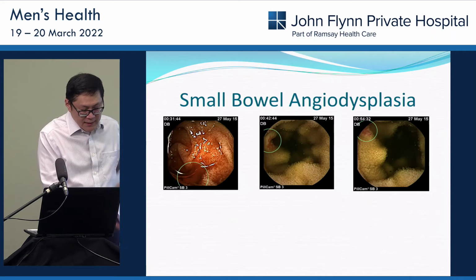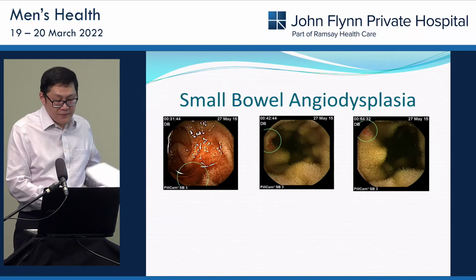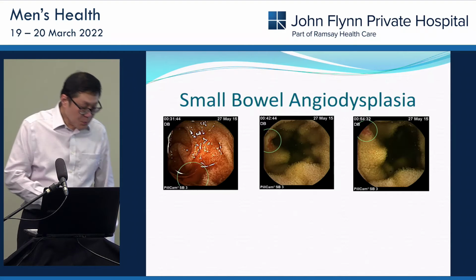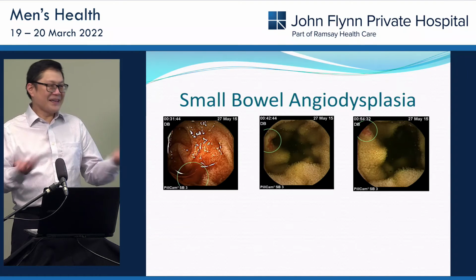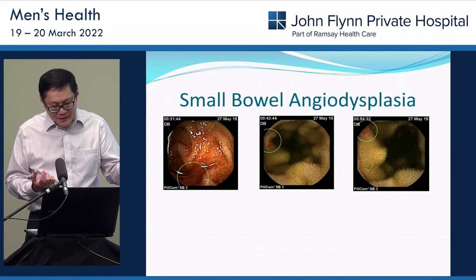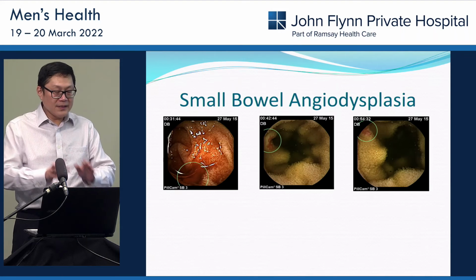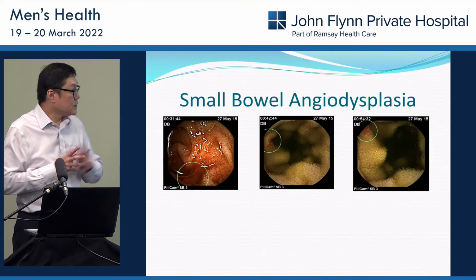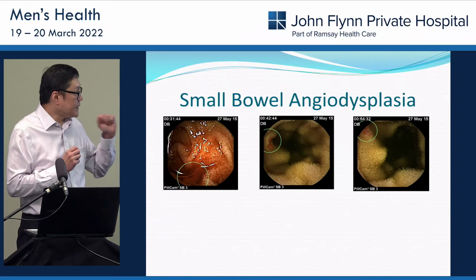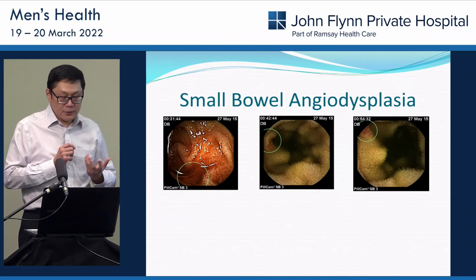Now, the most common reason for capsule endoscopy obviously is to investigate occult GI bleeding and iron deficiency. The most common finding is nothing. In 50% of patients with iron deficiency you can't find a reason for it. And of what we do find, the most common is small bowel angiodysplasia. So I've got 3 pictures there. The one on the left shows an actively oozing angiodysplasia, and the other 2 show what angiodysplasia looks like.